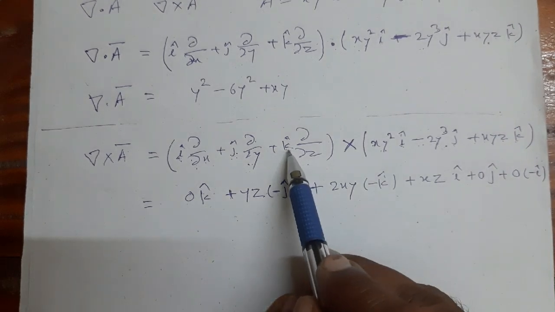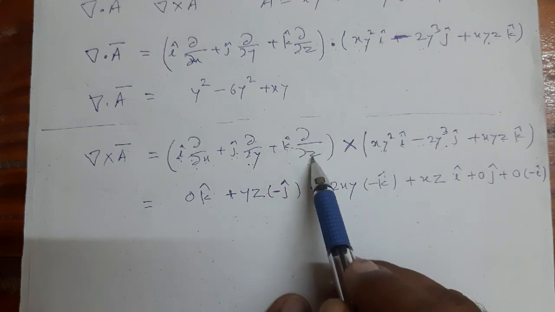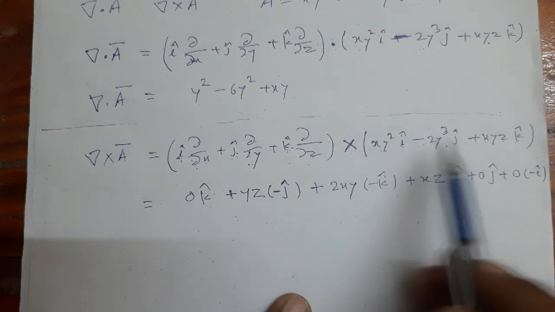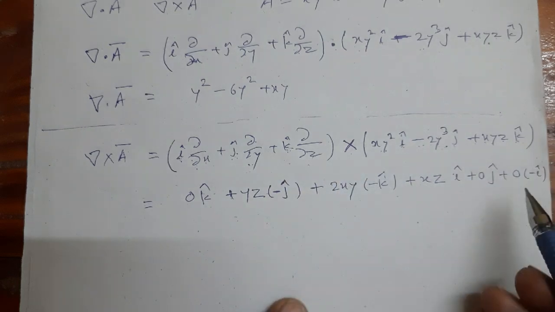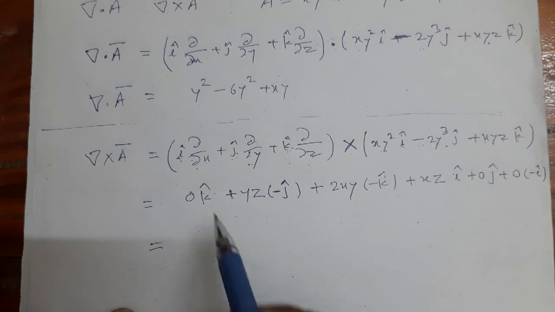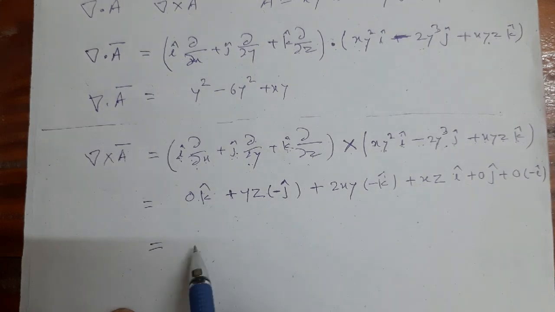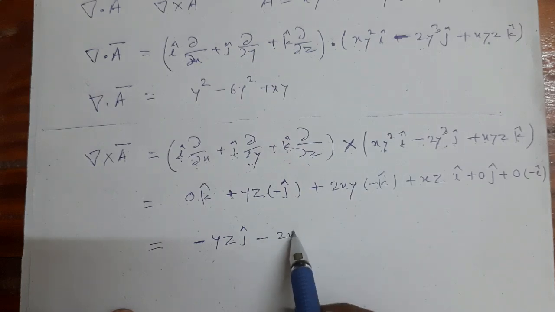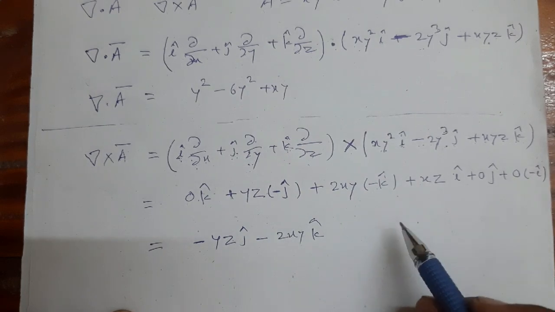And obviously, there is no meaning to think about the last term, that is operation of k cap ∂/∂z on x y z k cap. The reason is that k cap cross k cap is equal to 0. Therefore, this term will be 0. Here I will have to write it is minus yz j cap. Here it is again minus 2xy k cap.